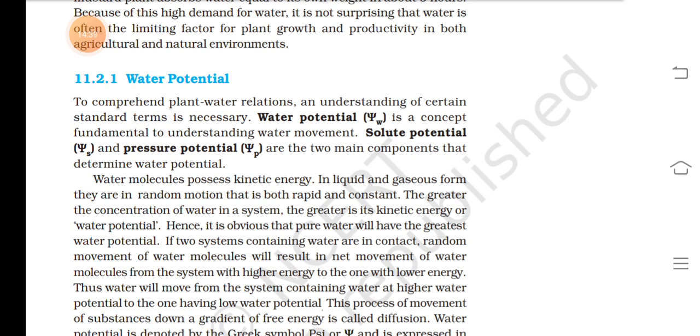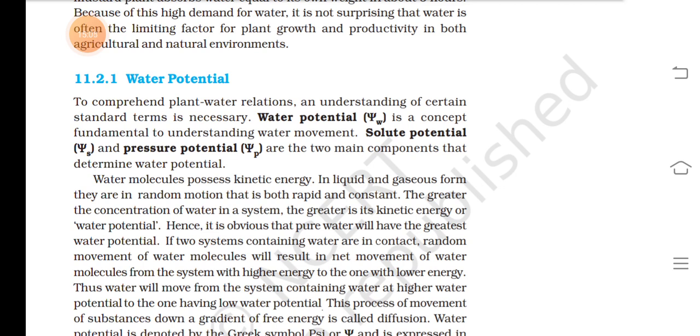Water molecules possess kinetic energy in liquid and gaseous form. They are in random motion that is both rapid and constant. The greater the concentration of water in a system, the greater is its kinetic energy or water potential. Hence, it is obvious that pure water will have the greatest water potential.